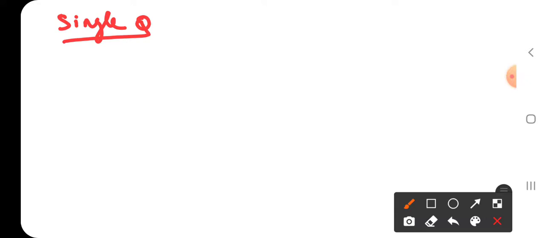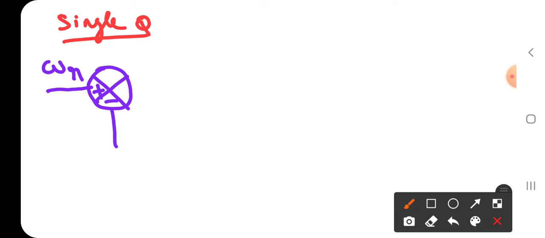First we have to fix the speed, that is omega r, the reference speed. Next, you compare this with the motor speed. The output of this comparison will be given to the speed controller.